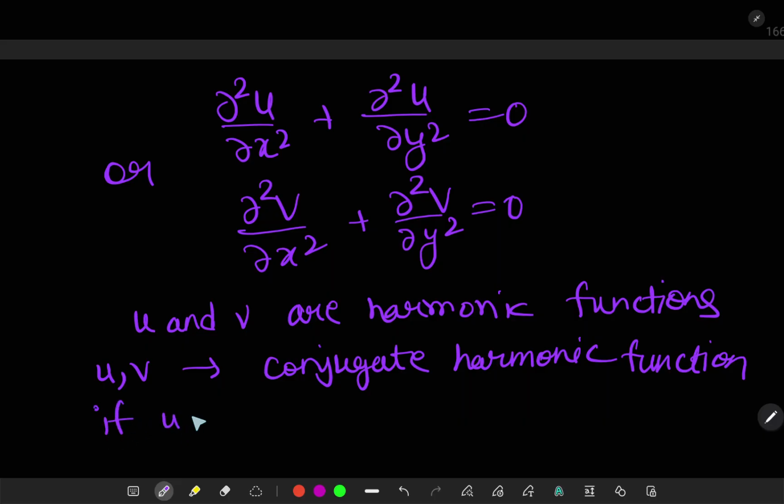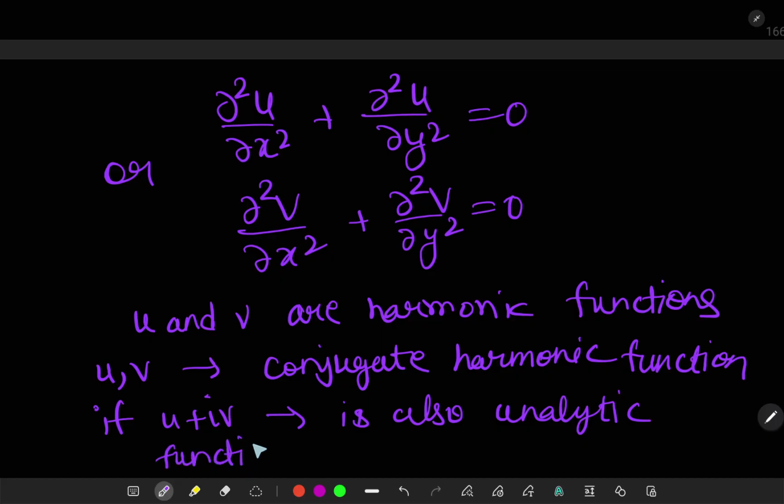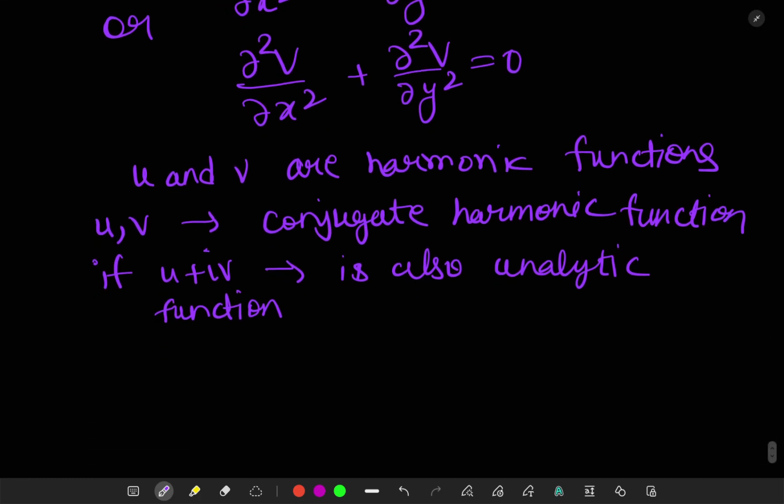If u plus iota v is also an analytic function, it is possible u and v are harmonic functions, but u and v are not conjugate.